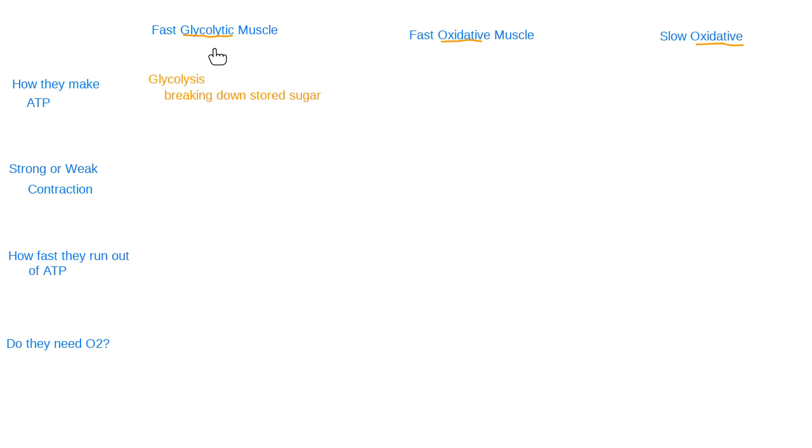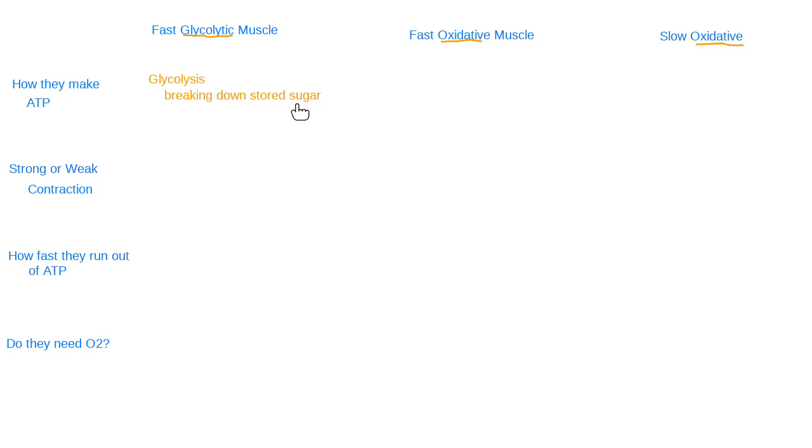A glycolytic fiber makes its ATP by breaking down sugar that it has stored inside of it. Because the sugar is already stored inside, this kind of muscle fiber can make ATP really fast, because we can break down sugar really easily, really quickly.